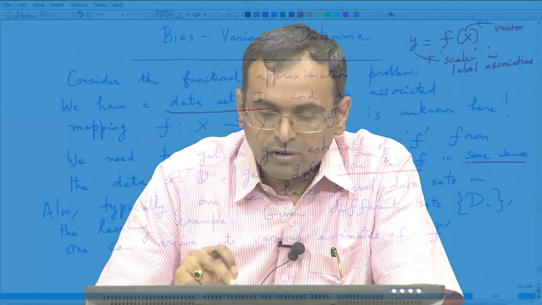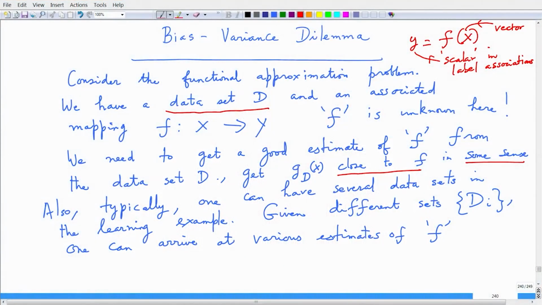Now, you may question at this stage, do I have only one data set? Typically not, because if I am sampling I can form different data sets, and depending on the data sets I have this association between x and y. Therefore, this function g depends on the data set.